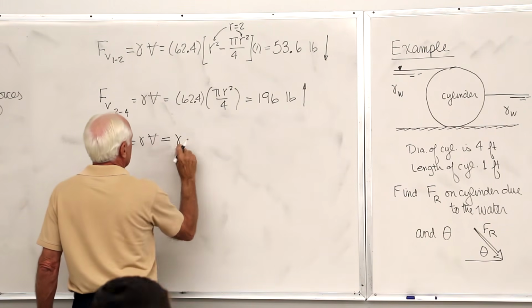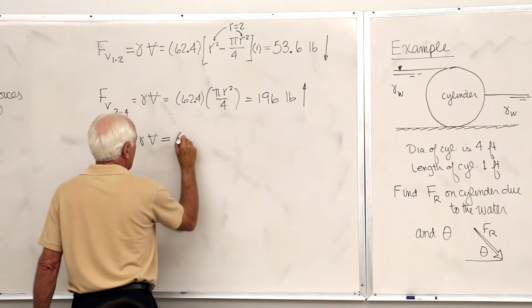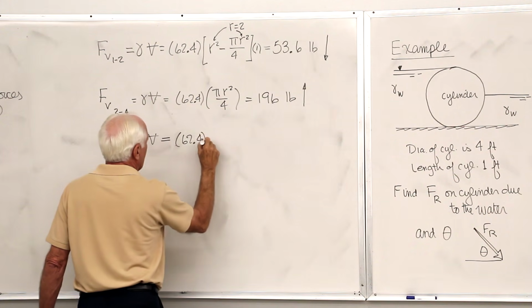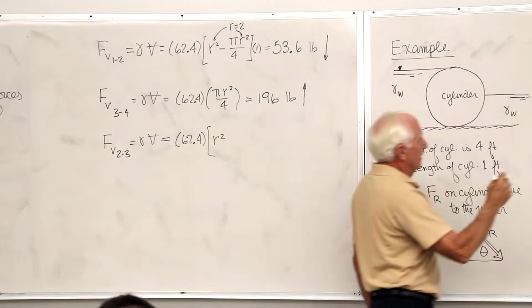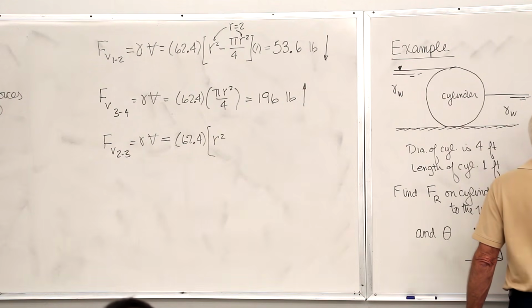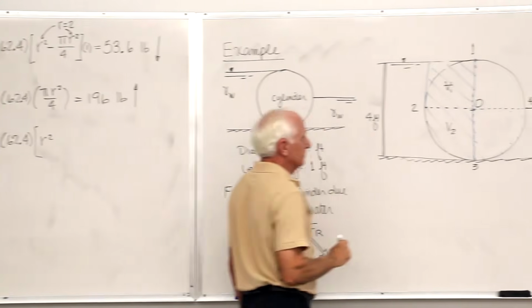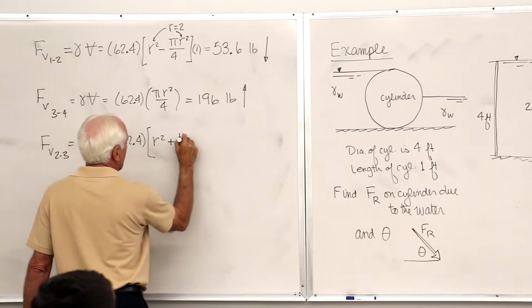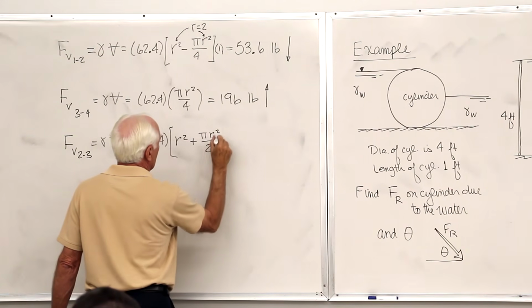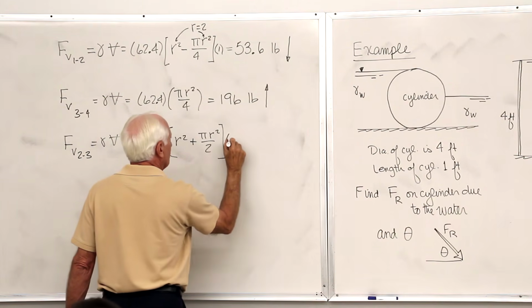So we have gamma of 62.4 times the square, r squared. That's V1. This is V2, the quarter circle. Put r equal to 2 and solve the problem.